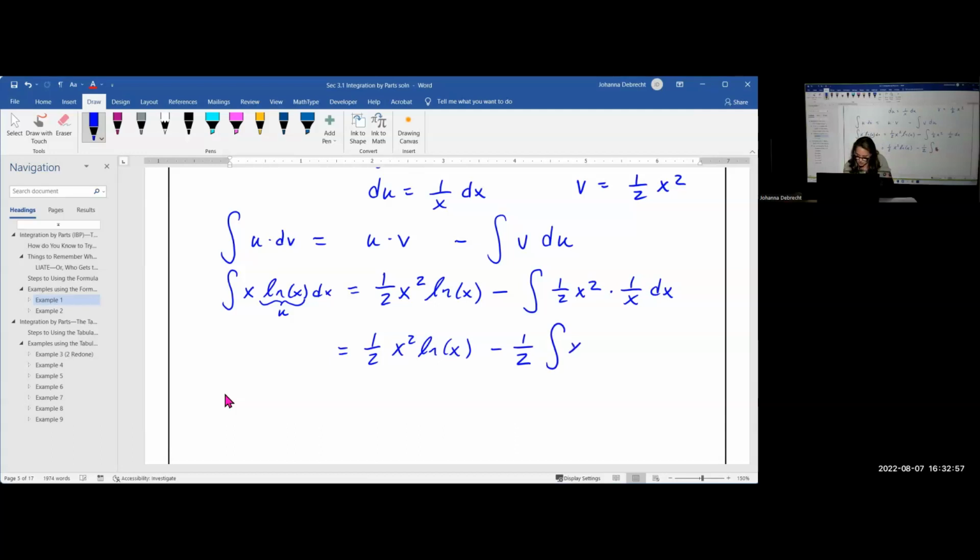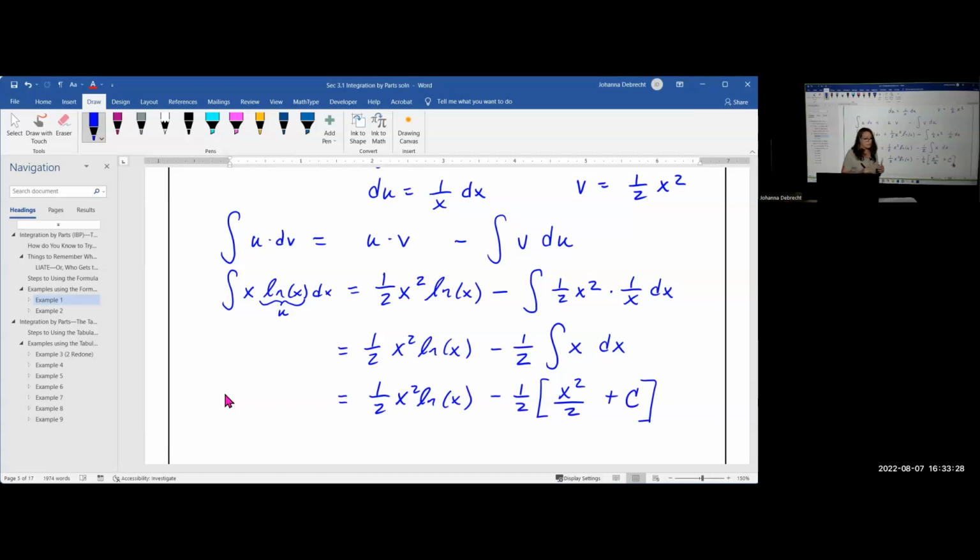And this will leave me with the integral of x dx, and I can integrate that. So when I integrate that, what am I going to end up with? Well, another x squared divided by 2, right? So I get another 1/2 x squared. So this basically gives me 1/2 x squared natural log of x, following down from uv, minus 1/2 times another x squared over 2 plus a constant.